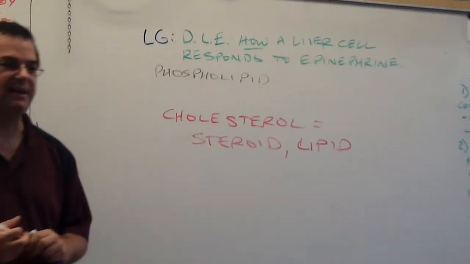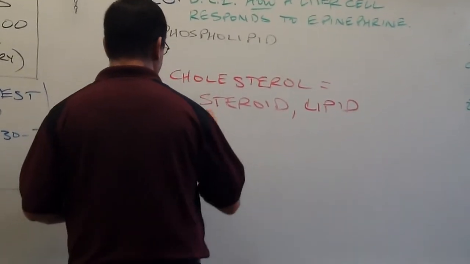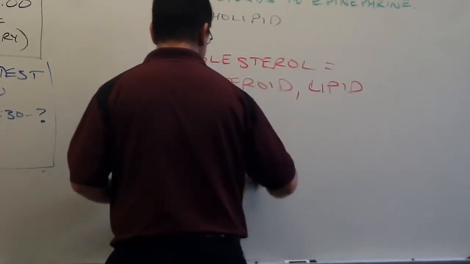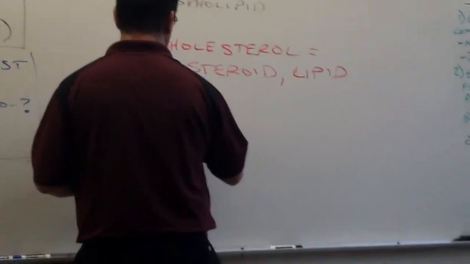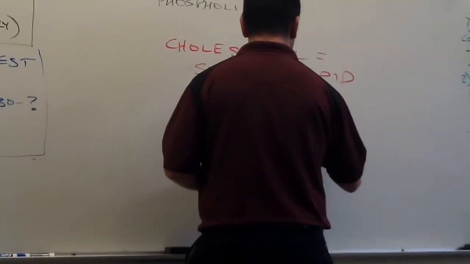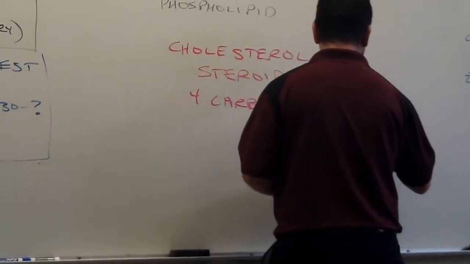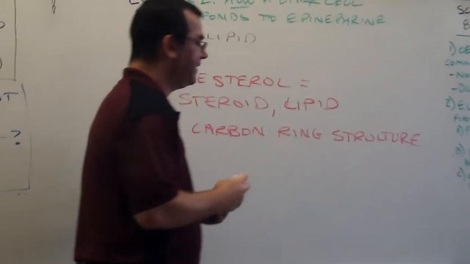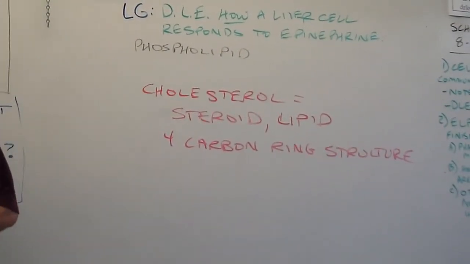Now you could describe it as having a four-ring, a four-carbon ring structure. But just identifying as a steroid and a lipid should work for the structure part.